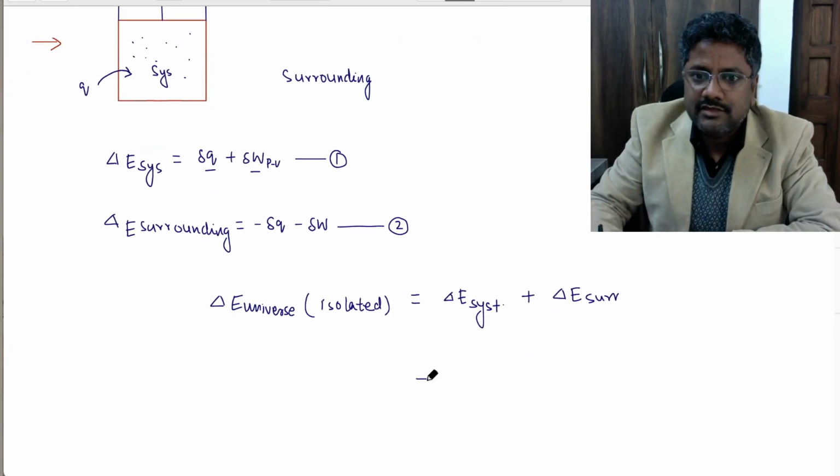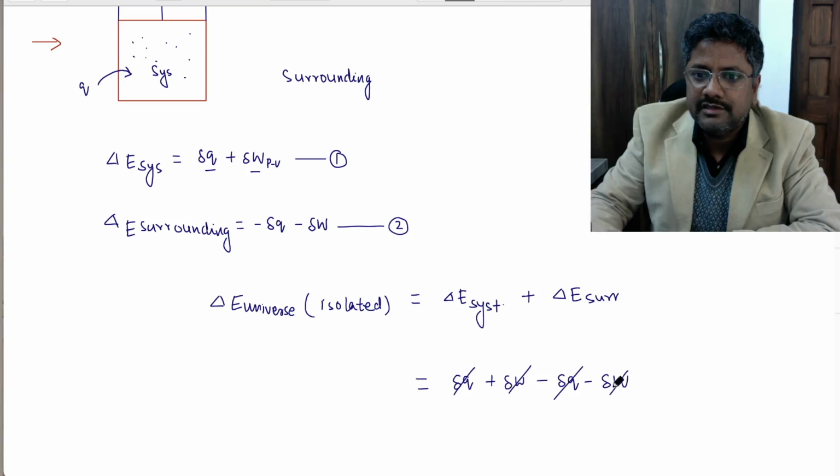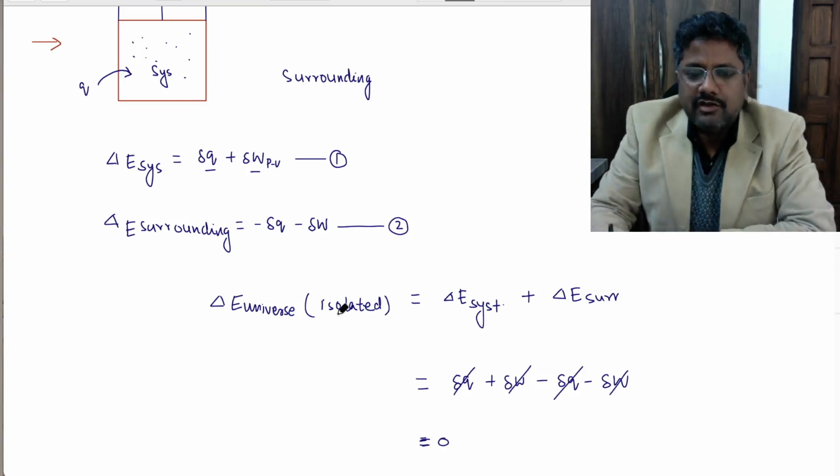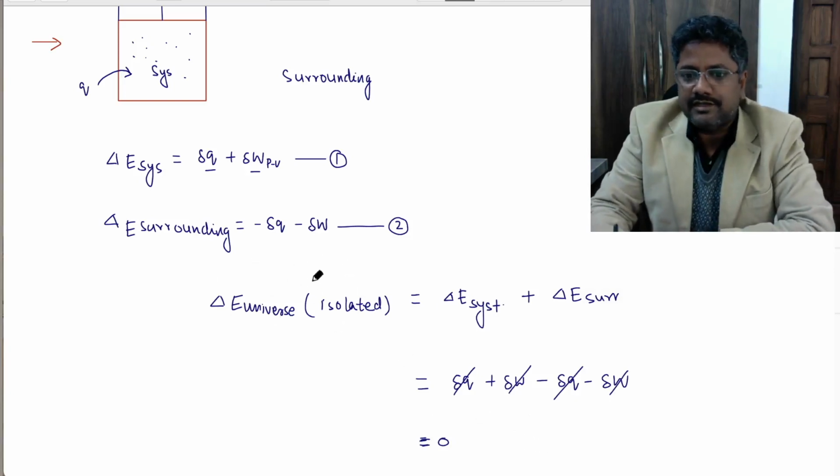So this is equal to delta Q plus delta W PV, plus minus delta Q minus delta W. So this is equal to 0, right? So the energy of the universe is constant.